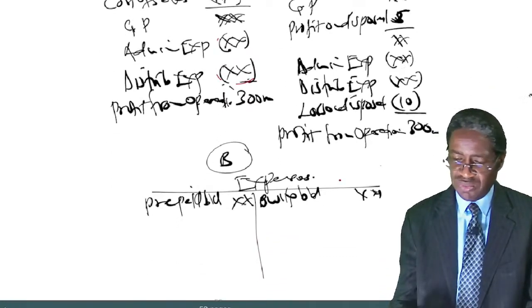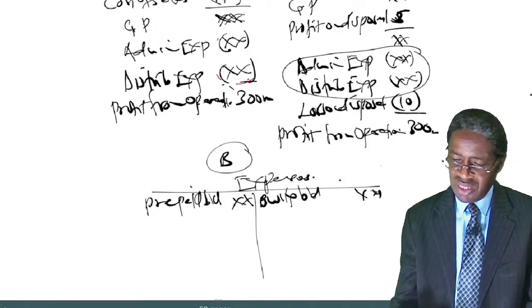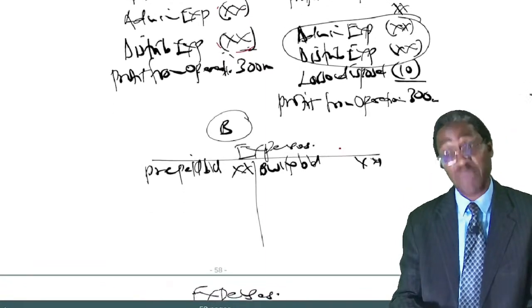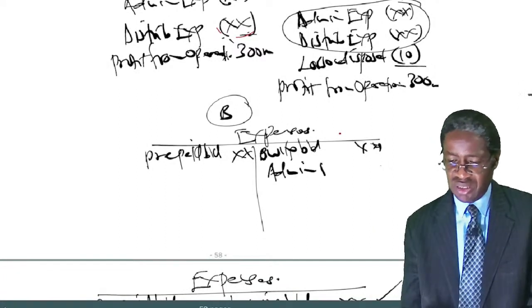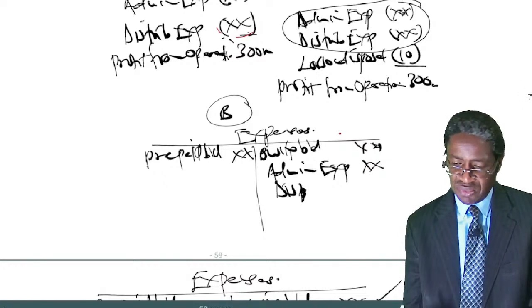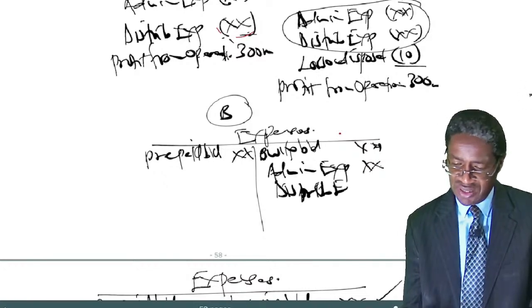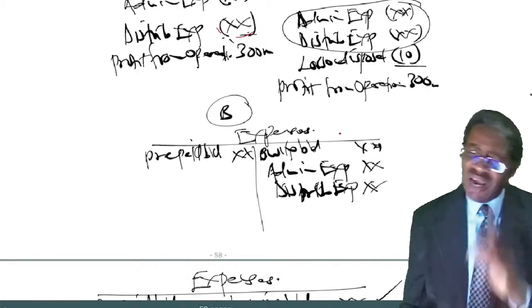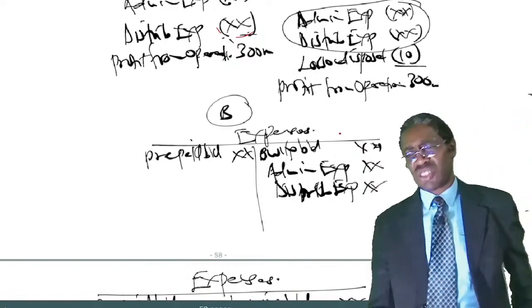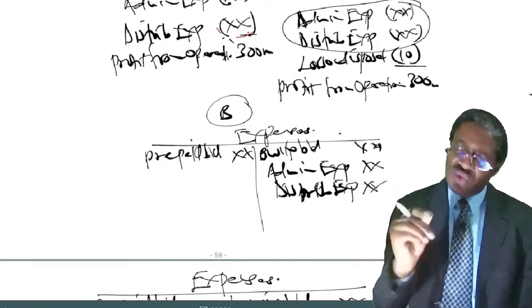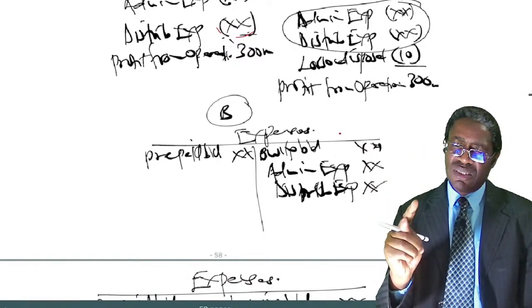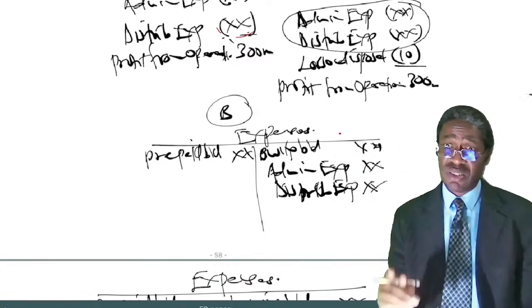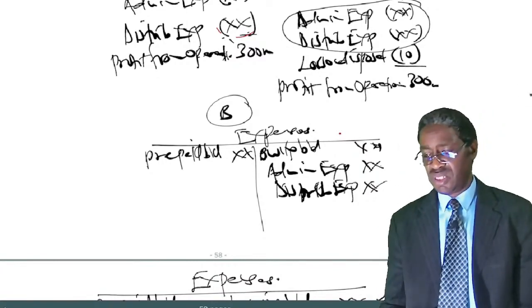Those two. Admin and distribution. Pick them. Whatever they are, bring it here. Admin, whatever it is, and distribution, whatever it is. Listen. Then I have told you, ask yourself, within those two charges, are there non-cash expenses or items within them?